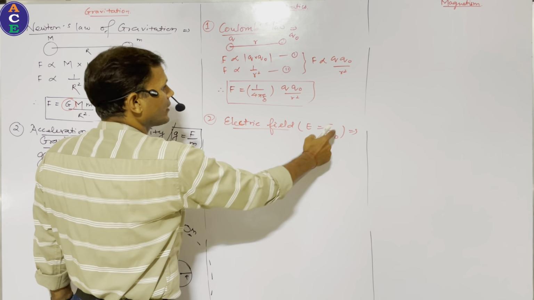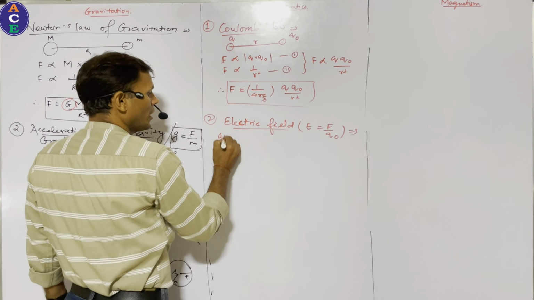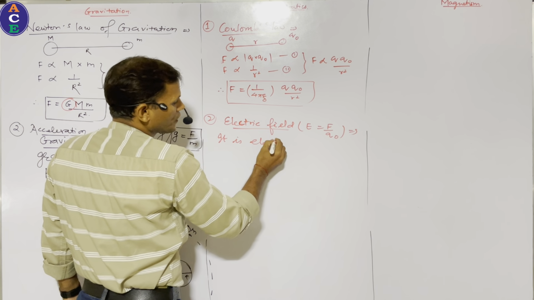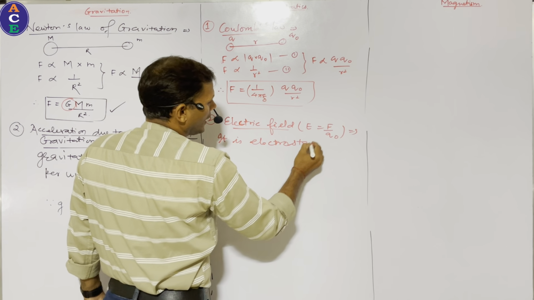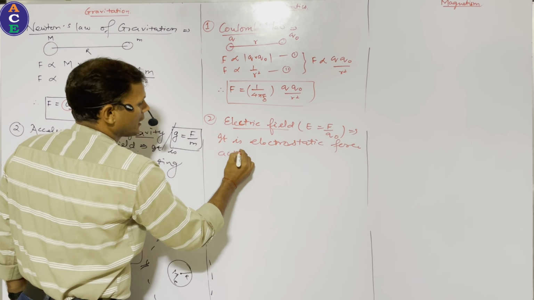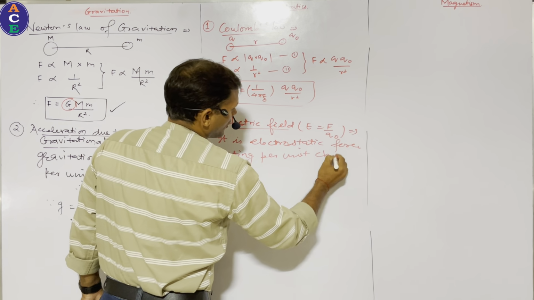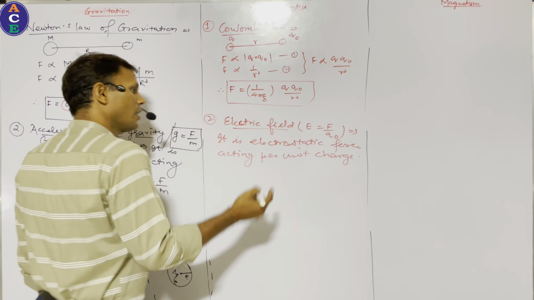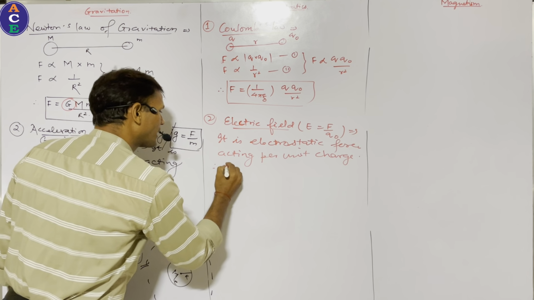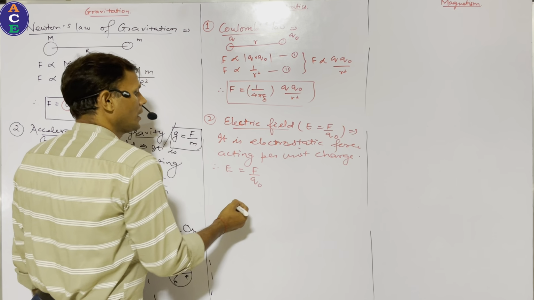Charges separated हैं, so electrostatic force acting per unit charge. Now we can write E is equal to F by Q naught.